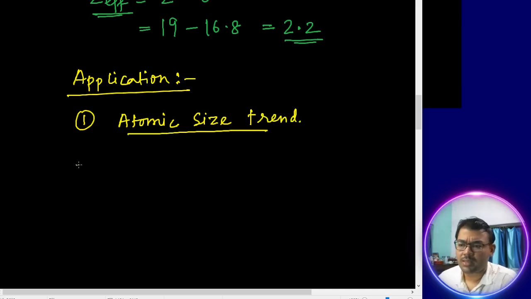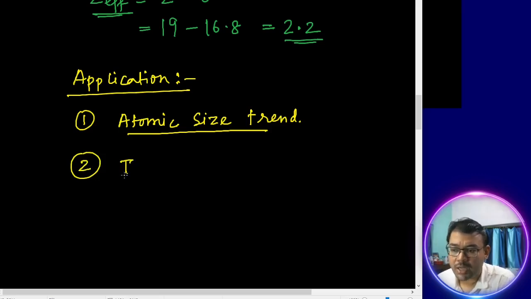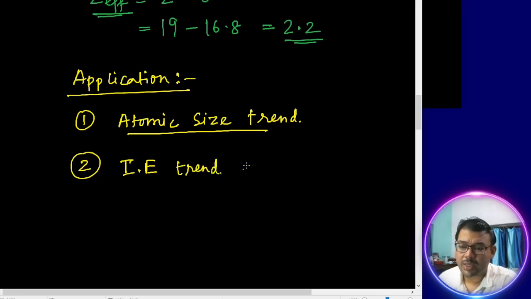In some cases there is anomalous behavior in the periodic table, because we know the ionization energy trend. We can explain the ionization energy trend for some anomalous behavior, that is beryllium and boron, magnesium and aluminium, and so on.